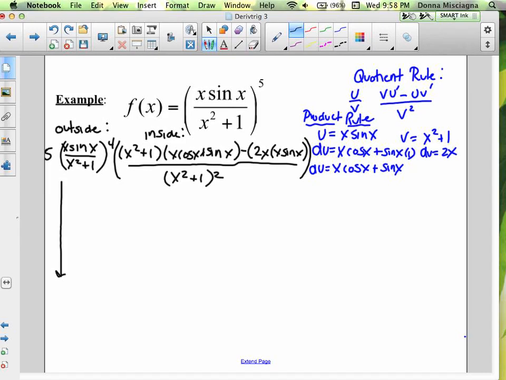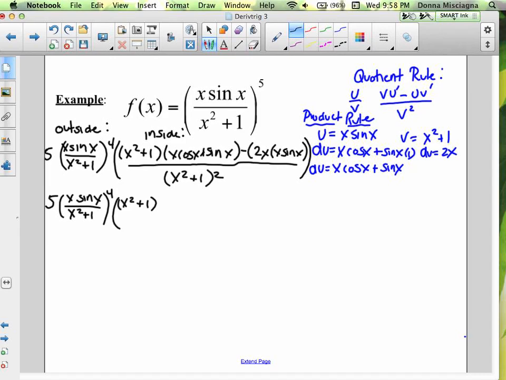What the heck, we'll keep rewriting that part there. So we have 5 times x sine x divided by x squared plus 1, all to the 4th. And now let's see where we can clean up a little bit. We have x squared plus 1.